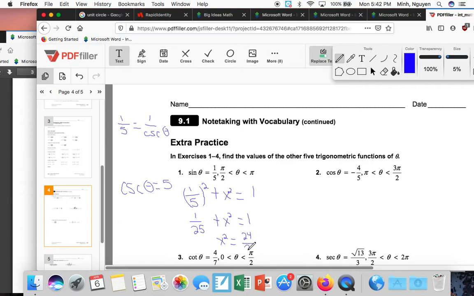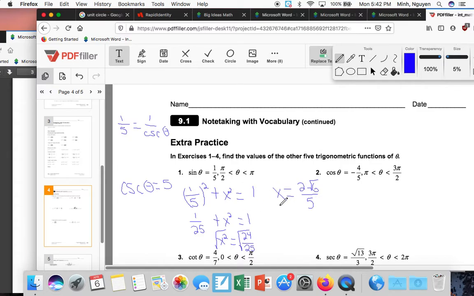And then we can go ahead and take the square root to get x by itself. Root 24 is the square root of 6 times 4, and 4 has a square root of 2. So we have x equals 2 root 6 over 5.